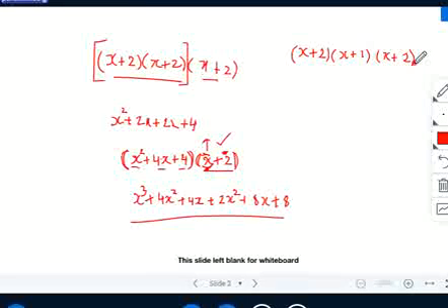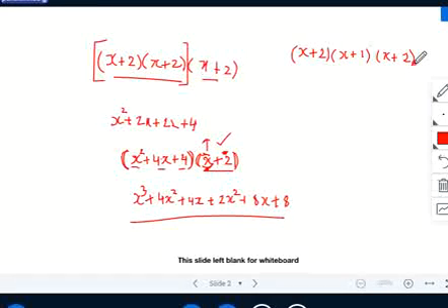So then x squared multiplied by x is x cubed, plus 2x squared plus x squared plus 2x plus 2x squared plus 4x plus 2x plus 4.